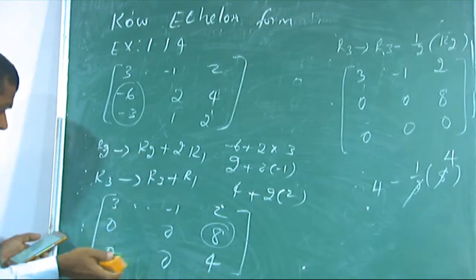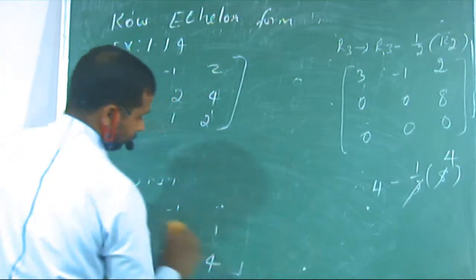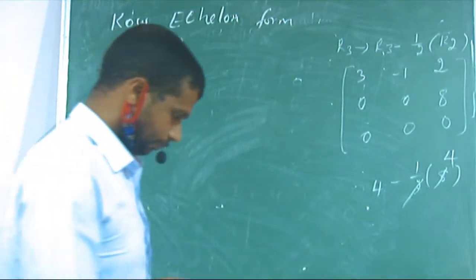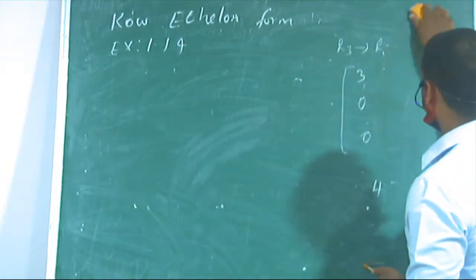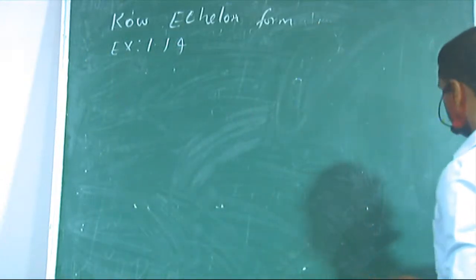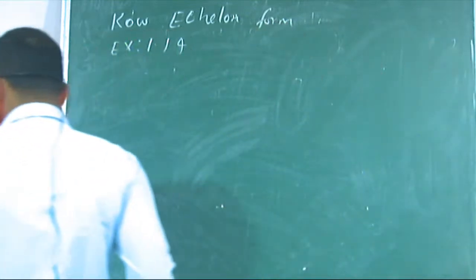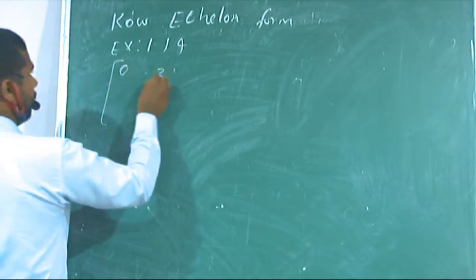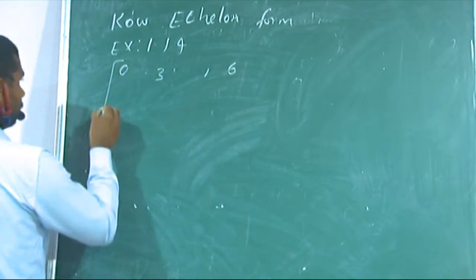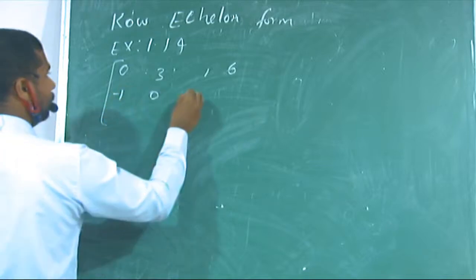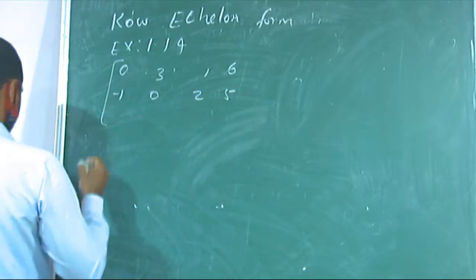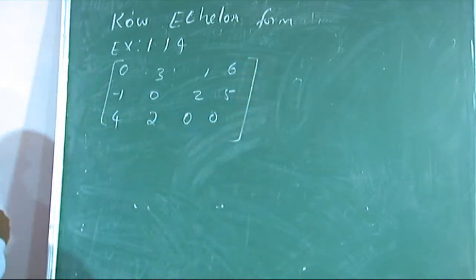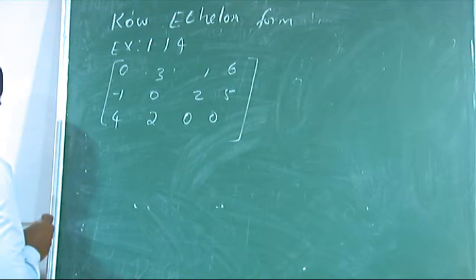The matrix is 0 3 1 6, next minus 1 0 2 5, then 4 2 0 0. So what we have to do? Convert to row echelon form.